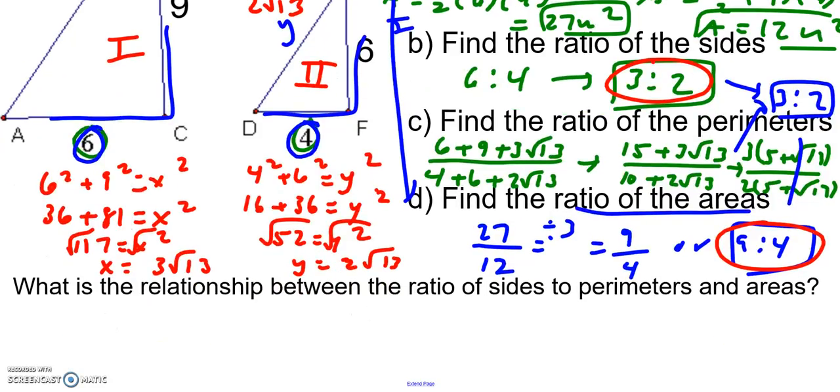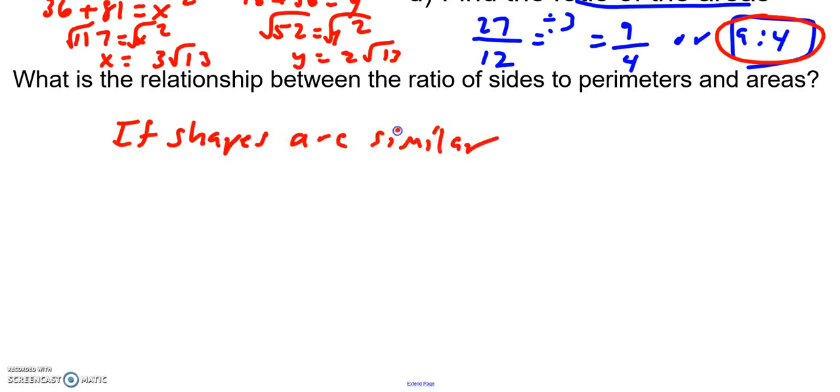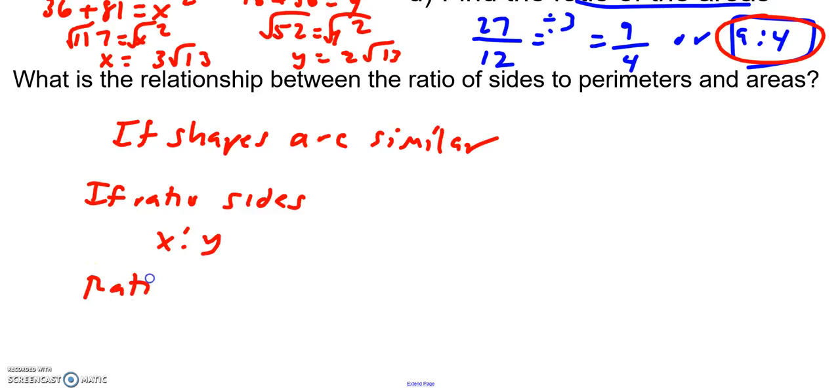So down here, to summarize, if I extend this page, if my shapes are similar, if the ratio of my sides is something like x to y, the ratio of my perimeter must be x to y also.